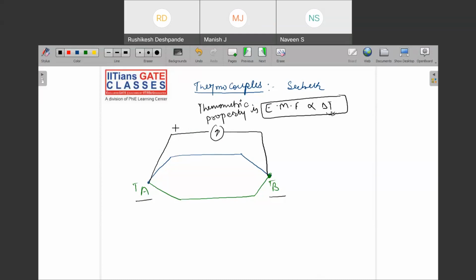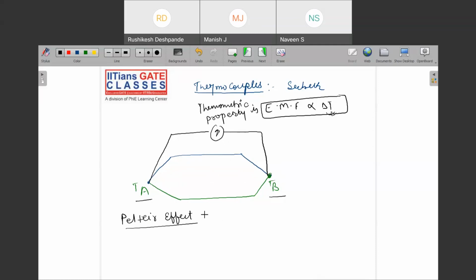Next. Then there is the effect opposite to this, called the Peltier effect. It is the opposite of the Seebeck effect: if an EMF is passed through two metals at different temperatures, then there will be a difference in these temperatures.